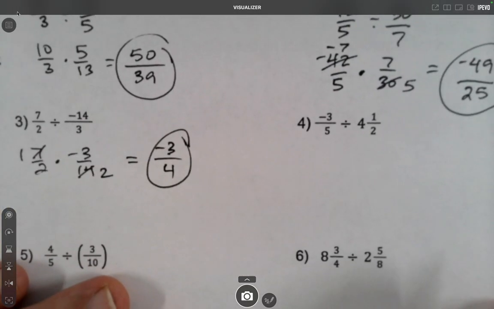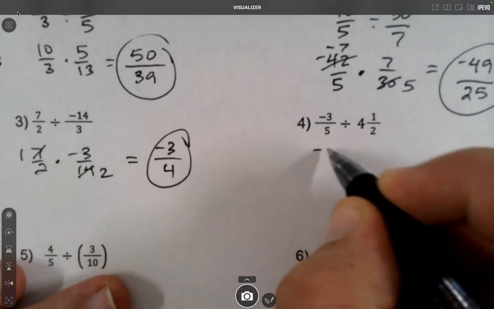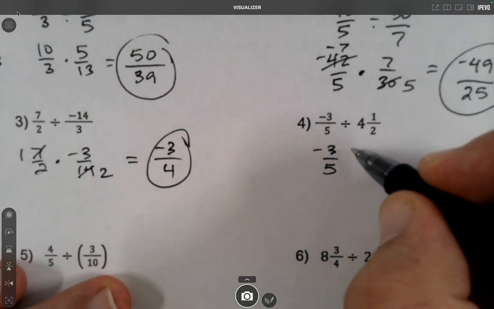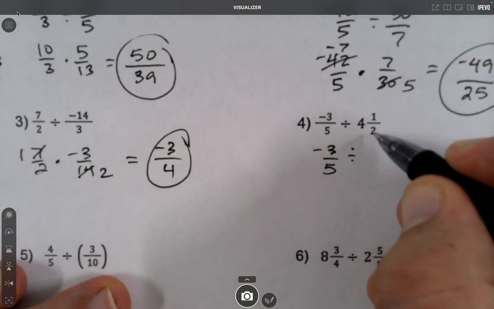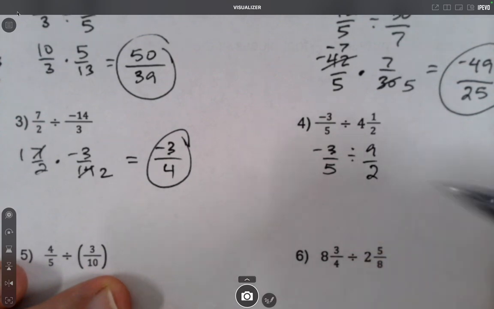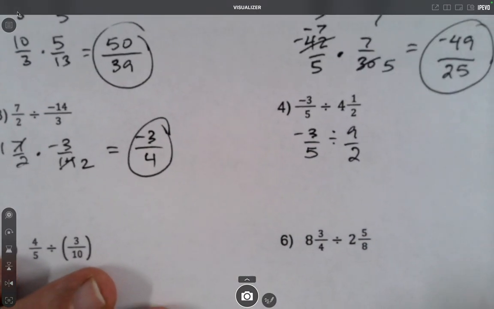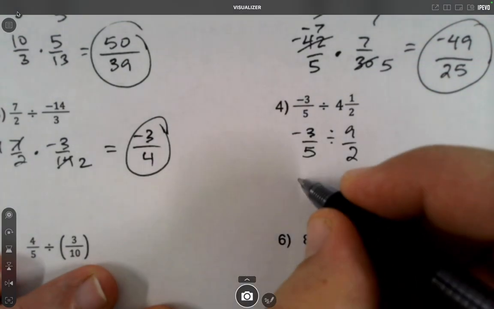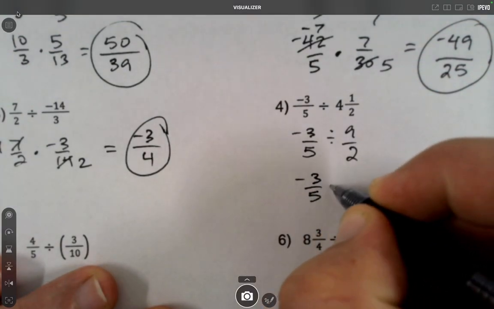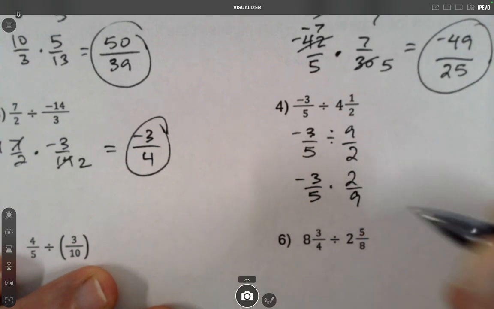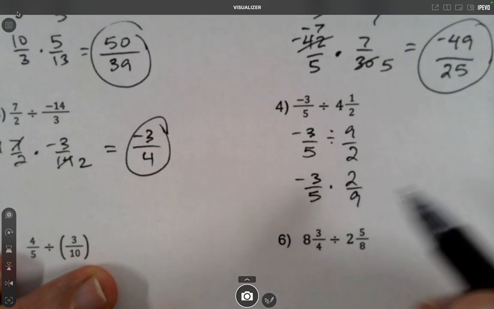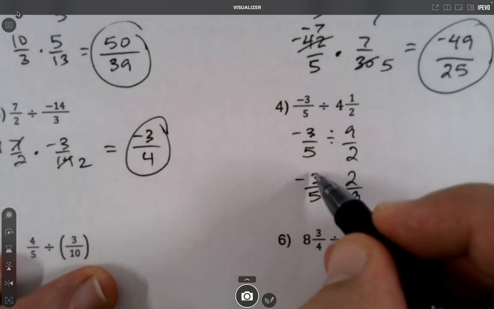Okay, on number 4, this first fraction is already just a fraction, no mixed number. This one we do have to convert. 4 times 2 is 8, plus 1 is 9. So then we remember that we've got to flip the divisor, we've got to flip the second fraction, and change it to multiplication. 5 and 2 can't be canceled, but 3 and 9 are both divisible by 3.